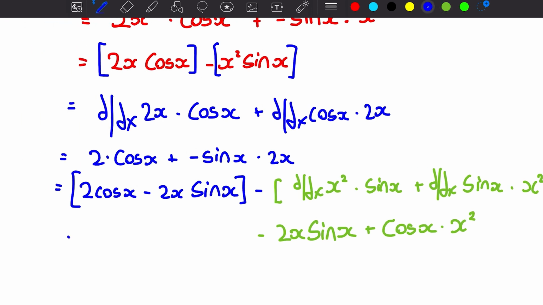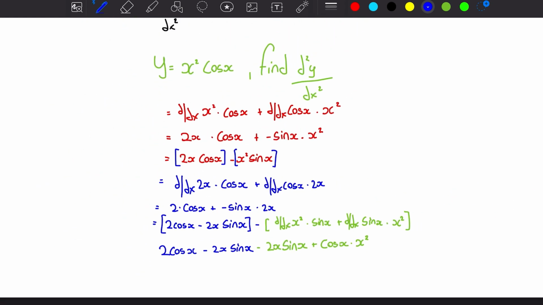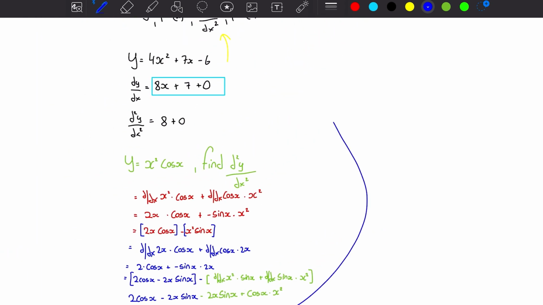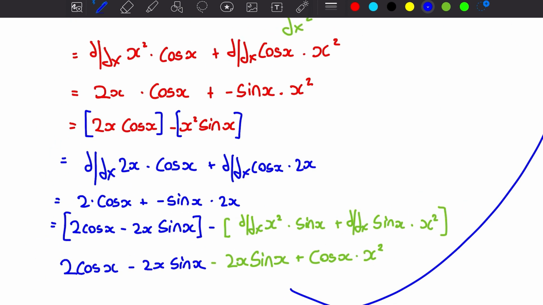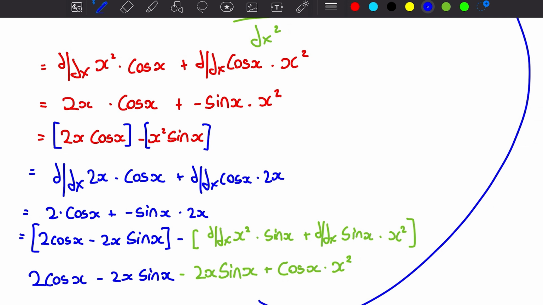So we'll have 2 cos x minus 2x sine x. So this is going to be equal to, I'll bring it up here so we can follow it a bit easier. So 2 cos x minus 2x sine x.